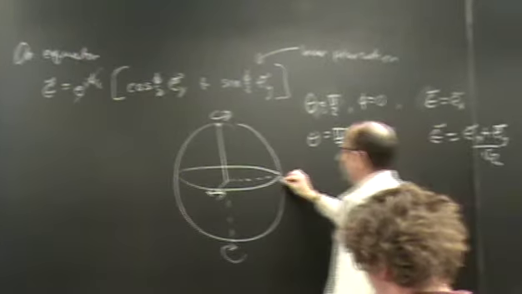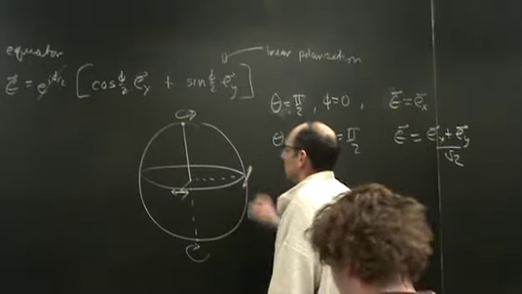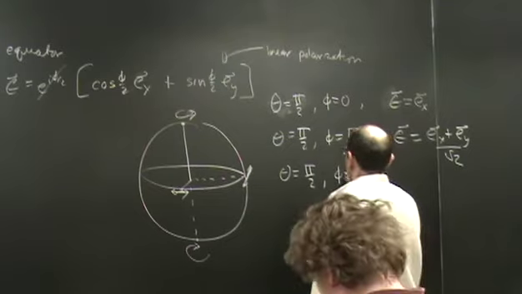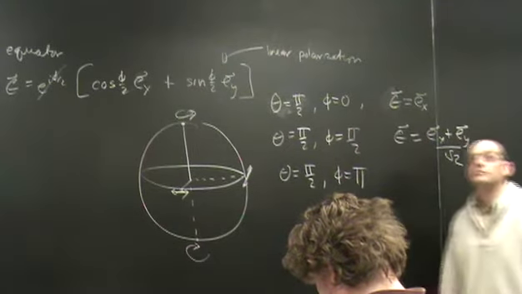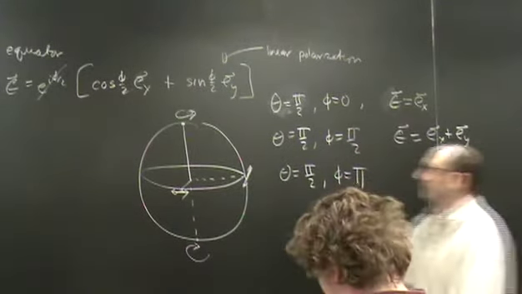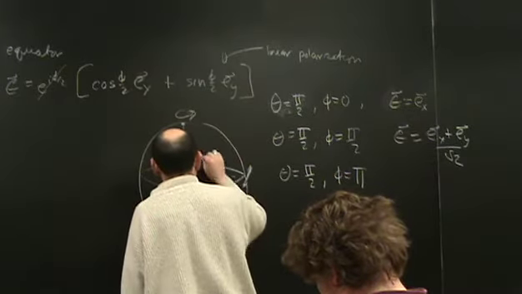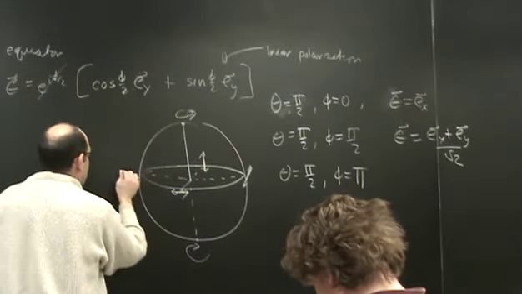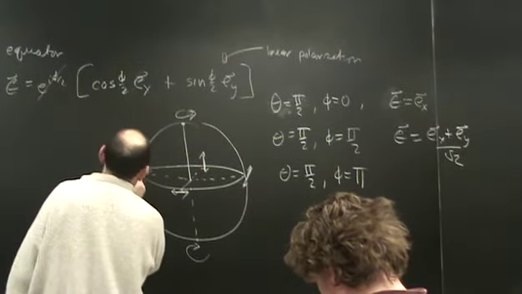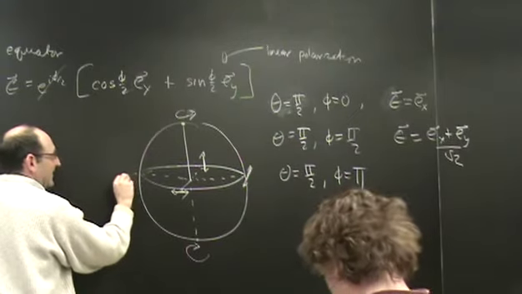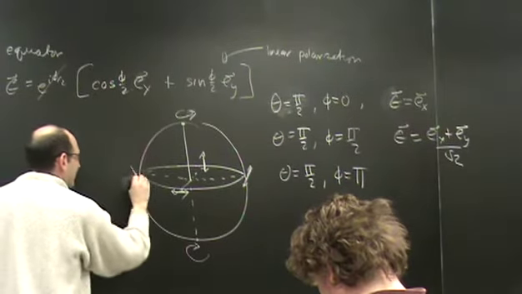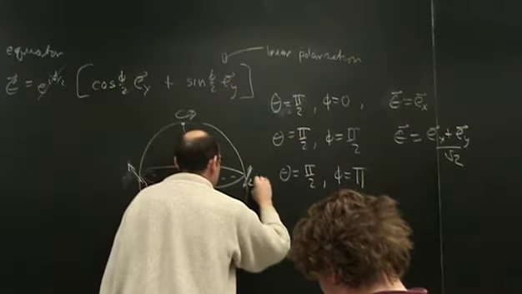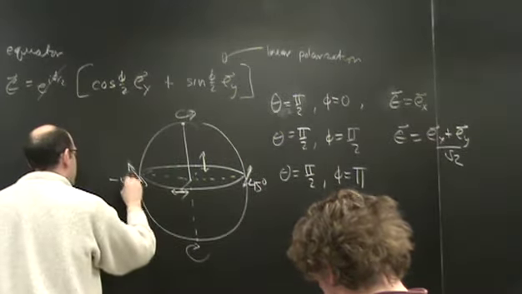So this is at 45 degrees. What about when theta is pi over 2 and phi is pi? Pure y. And when I go around the sphere some more, I'm at negative 45 degrees. So this is at 45 degrees, and this is at minus 45 degrees.